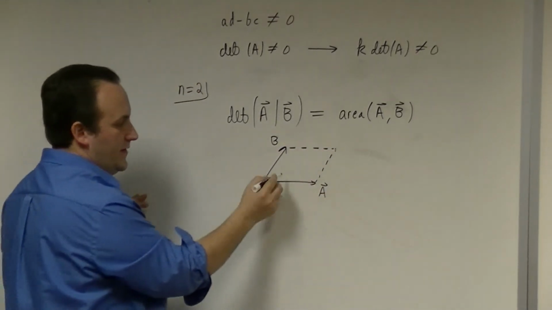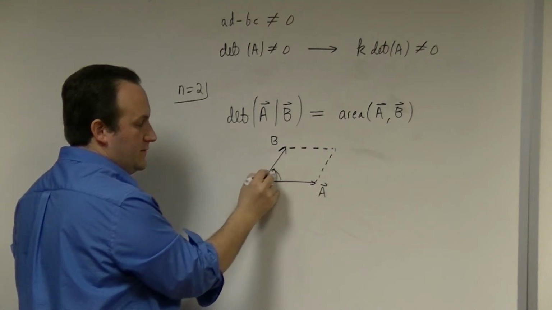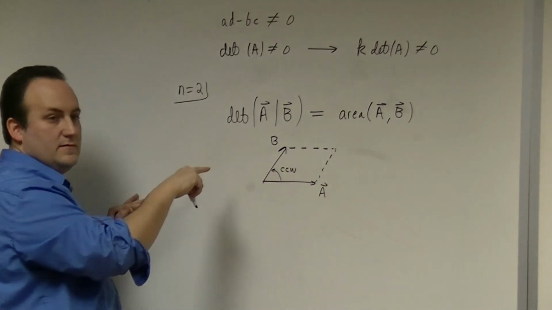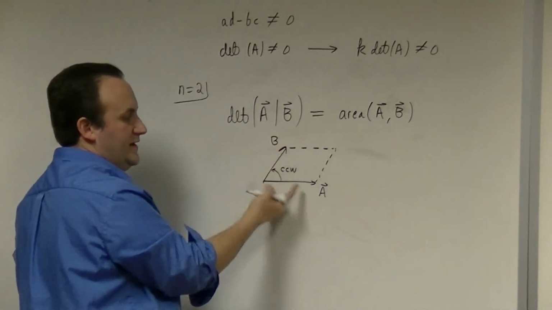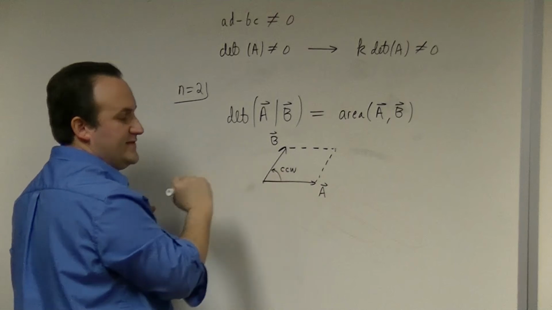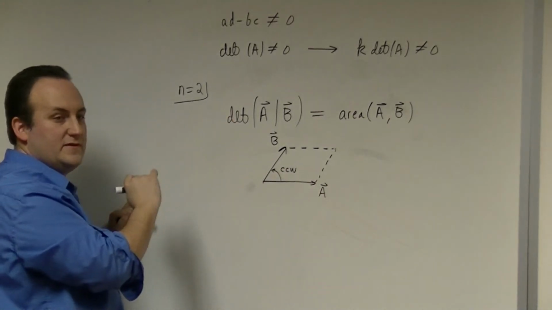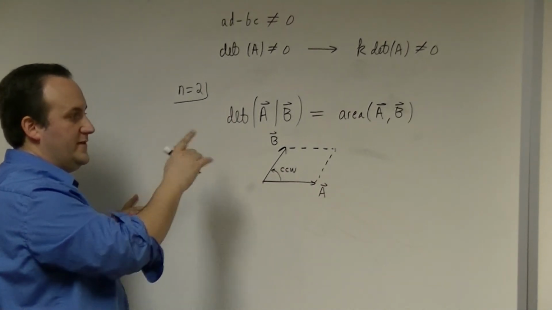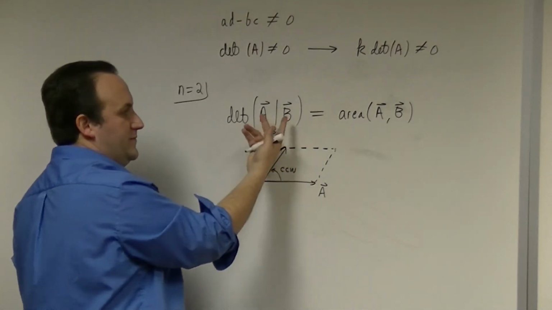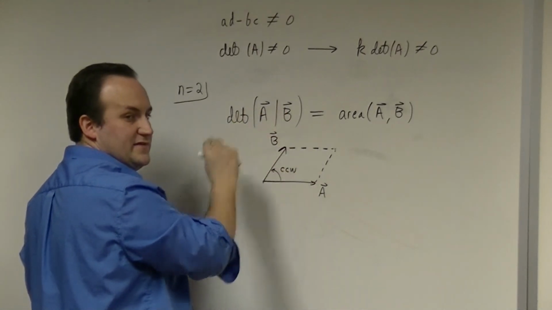In other words, I get B from rotating counterclockwise from A. So the second thing is a counterclockwise rotation of the first vector into the second. If that's the case, then the determinant is positive. On the other hand, everything else being the same, if I flip the roles of A and B, I get a minus, right?